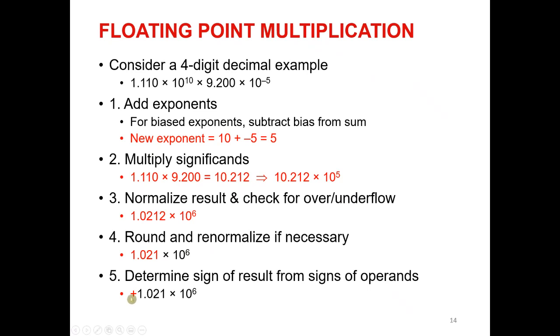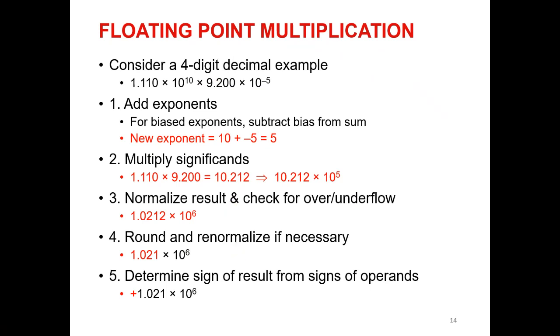If I'm multiplying 2 positive numbers, the sign is going to be positive. If I'm multiplying 2 negative numbers, the sign is going to be positive. And only if the signs differ, I'm going to have a negative sign. Makes sense? So this sign will only be negative if the signs of the values are different. Otherwise, it will be positive.